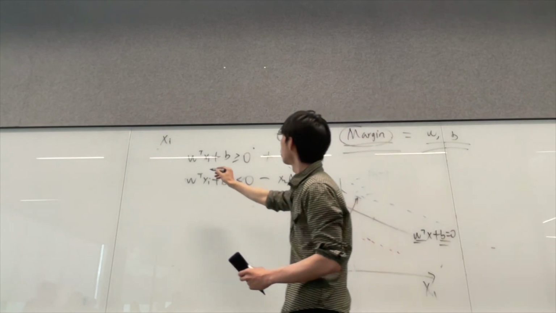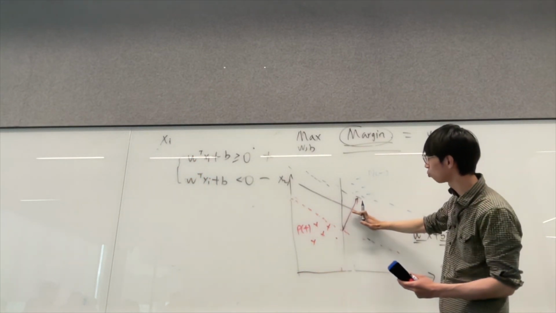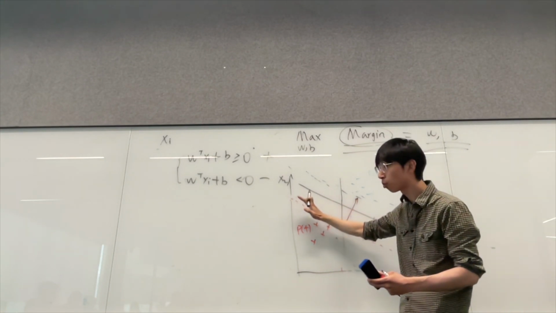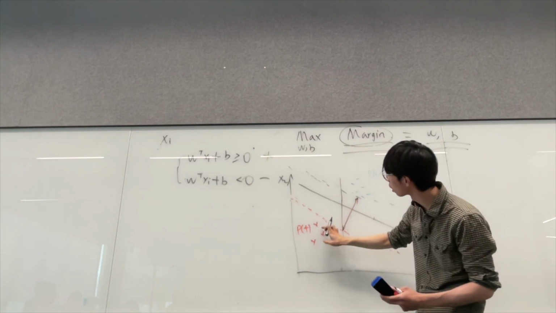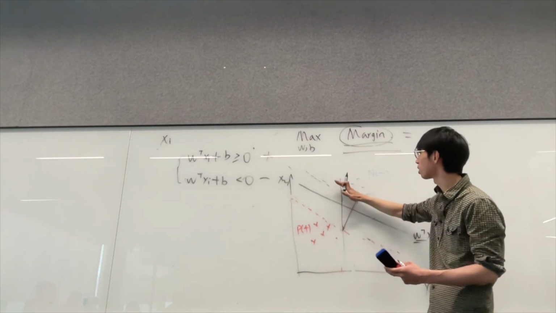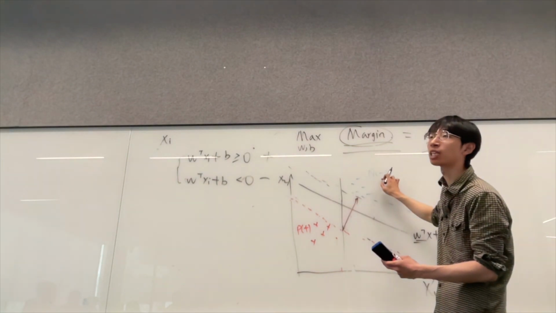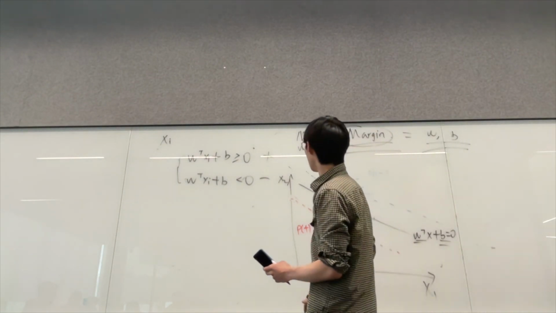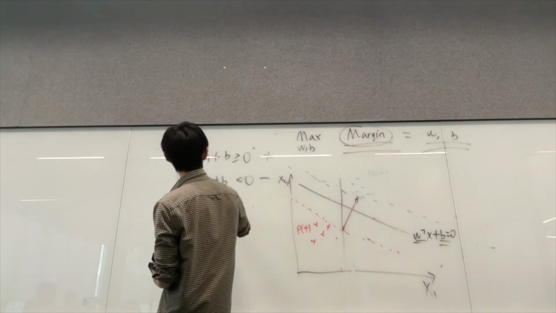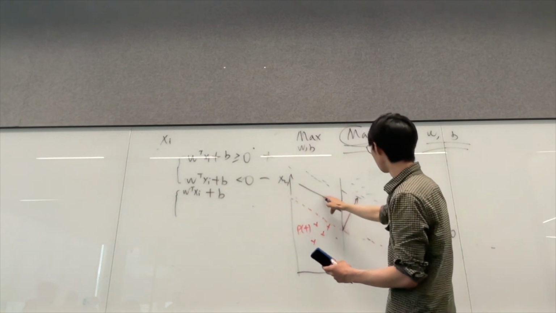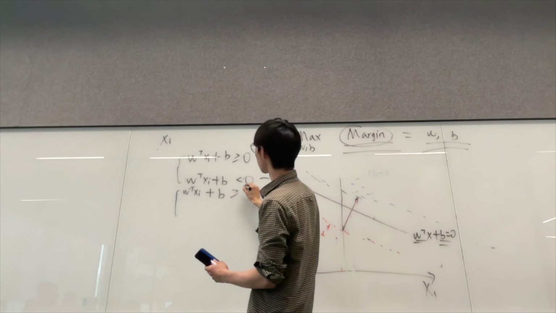So now I want to consider these two lines rather than only consider this one line. I want to say if it's below this line, it would be positive. If it's above this blue line, it will be negative, right? So rather than 0, we can say this is maybe larger or equal to 1, right?